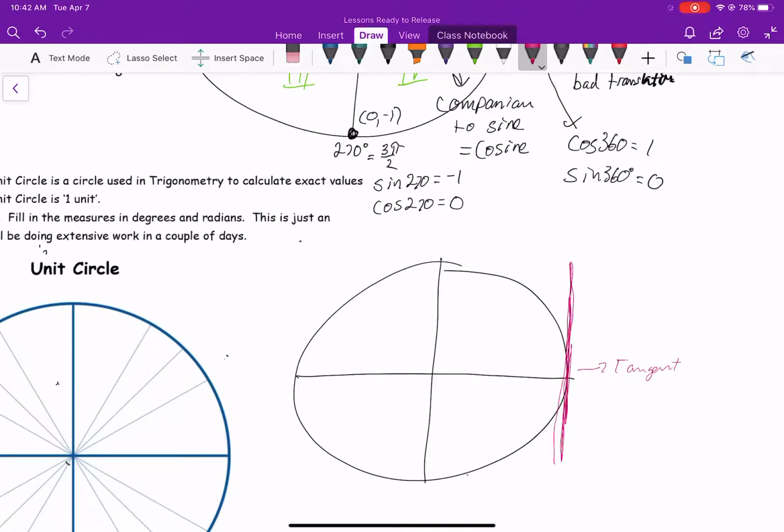Okay, so let's simplify this a little bit and say that I have this angle right here that's going like that, and we have those 2 points. So I am going to call this height here the tangent.